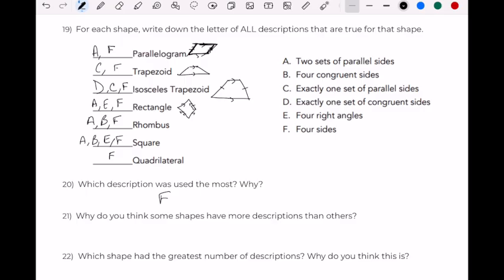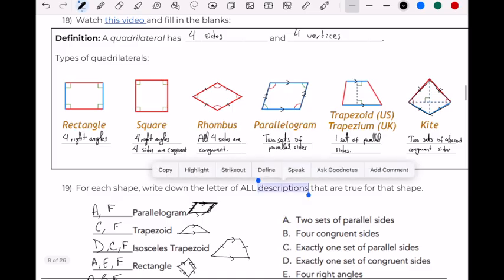Now, which description was used the most? Very clearly, it was F, because all of the quadrilaterals have four sides. Why do some shapes have more descriptions than others? Because some are particular cases of others.